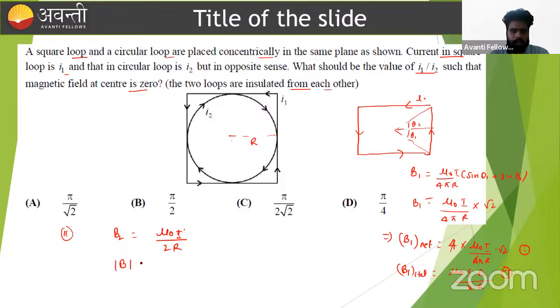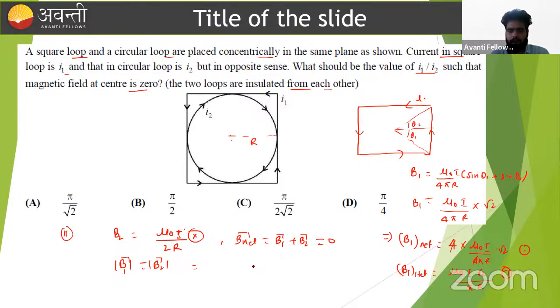For that, B1 must be equal to B2, that means B net is B1 vector plus B2 vector equal to 0. I hope this is clear. For B net equal to 0, the magnitude of B1 must be equal to B2, and the sense of B2 here is inward to the plane of paper.